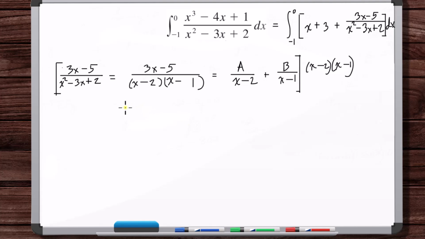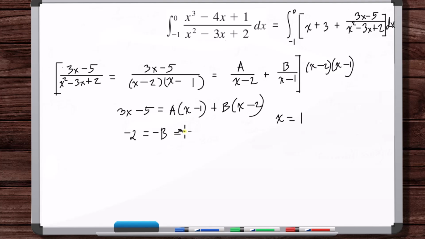Okay, so we've got 3x is equal to, okay, so now if we say x is equal to 1, then you've got minus 2 is equal to minus b. B is equal to 2.